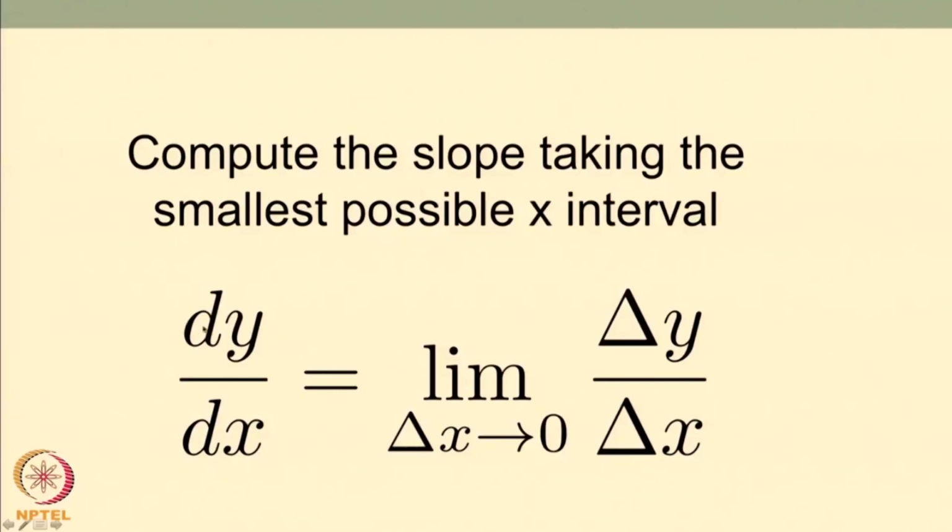This is the mathematical definition. dy by dx, the derivative of y with respect to x, is defined as the limit delta x tending to 0, that is, the smallest possible delta x you take, and you calculate delta y by delta x, then the value you get is the slope. The slope will be most accurate if you take the smallest delta x possible. So this is how you calculate a derivative.